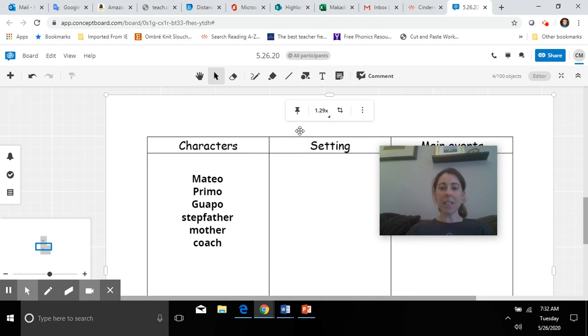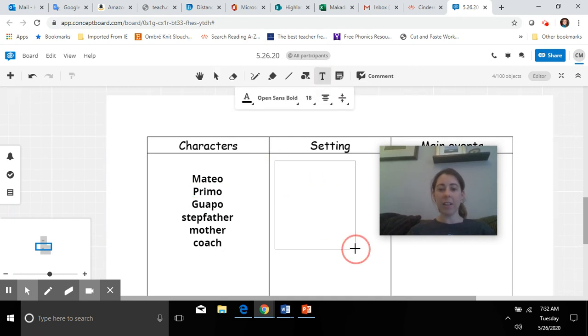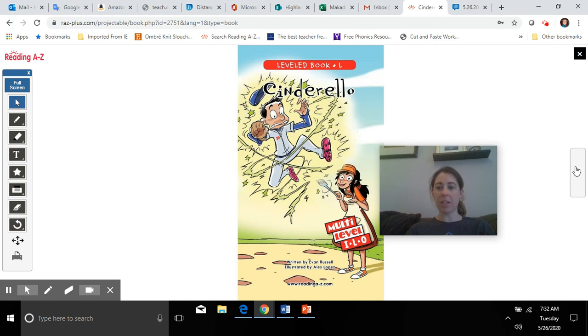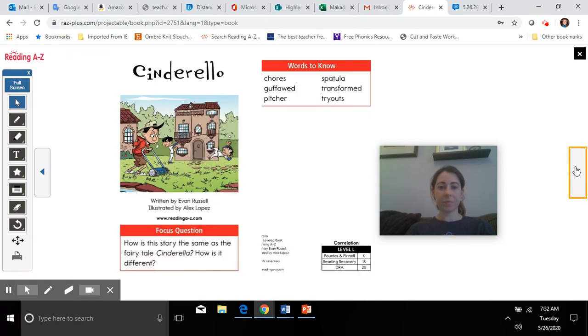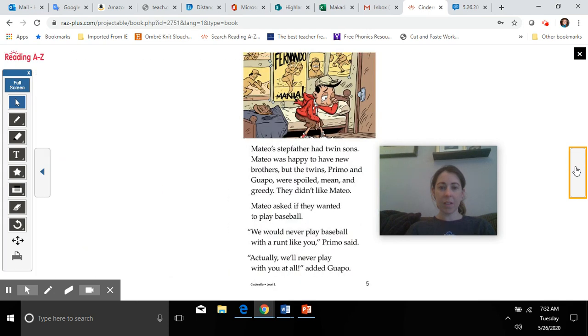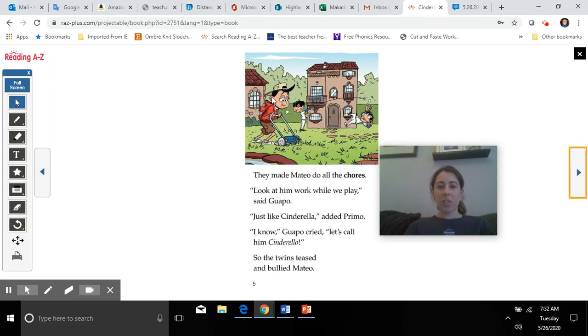Awesome. What was the setting of this story? Where did the story take place? Let's go back to get some reminders. Okay, so here where Mateo is doing all of these chores while the twins play, you can see he is here.